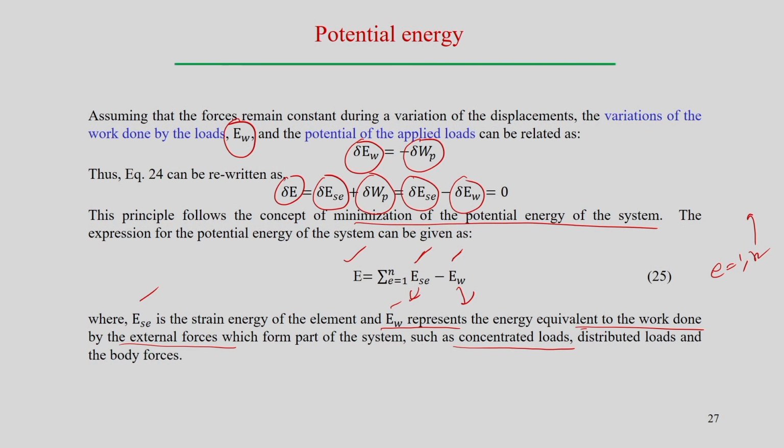Body forces means the force distributed over the whole domain or whole body of this particular material. So, this kind of external load may act, and we calculate the energy equivalent to this external load, and at the same time the elastic deformation and from that the elastic strain energy, such that the system becomes equilibrium if we minimize the potential energy of this particular system.